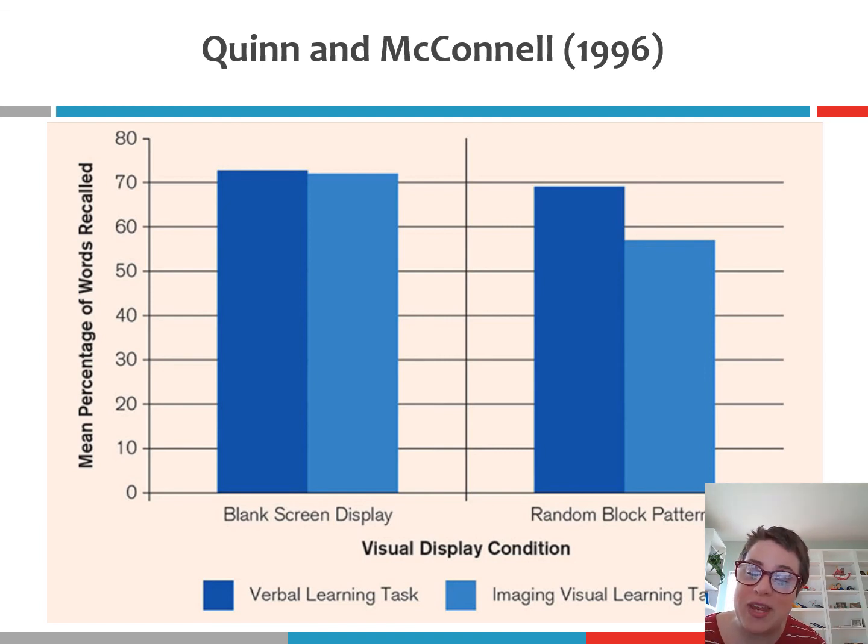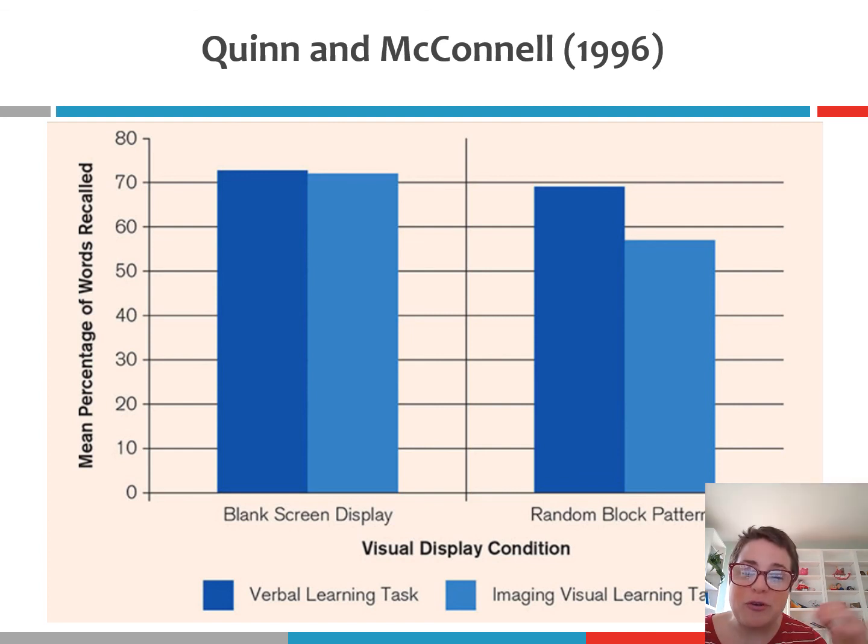And we know that in Baddeley and Hitch's model, both the phonological loop and the Visuospatial Sketchpad are limited capacity systems. So they can only hold so many items before they get overloaded.